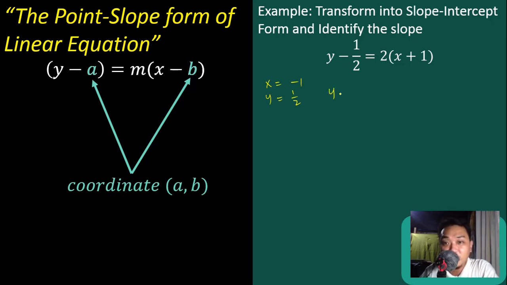Again, y minus 1/2 is equivalent to, let us use distributive property here. So that becomes 2x plus 2. And then let us transpose this term, negative 1/2. So that becomes y is equivalent to 2x plus 2 plus 1/2. Kasi si negative 1/2, whenever you transpose that to the other side of the equation, it becomes positive 1/2.